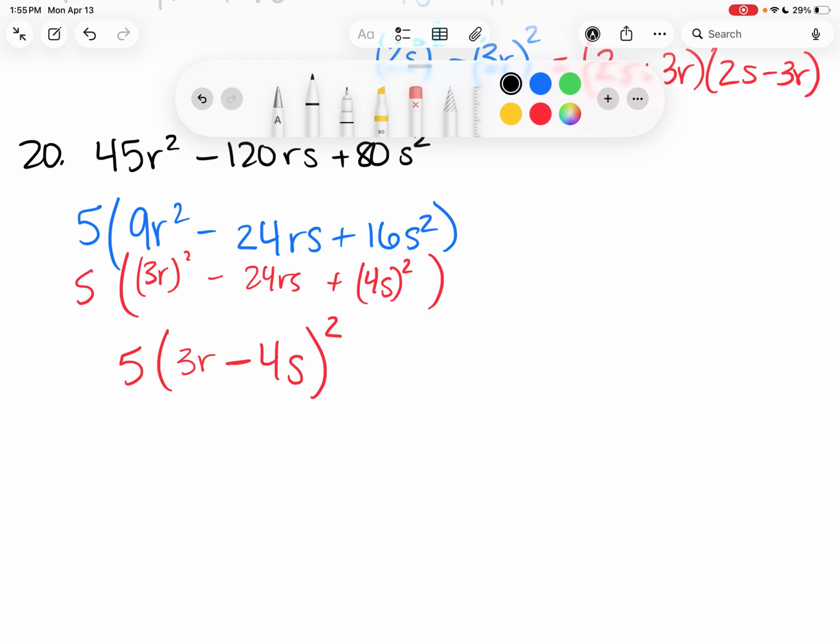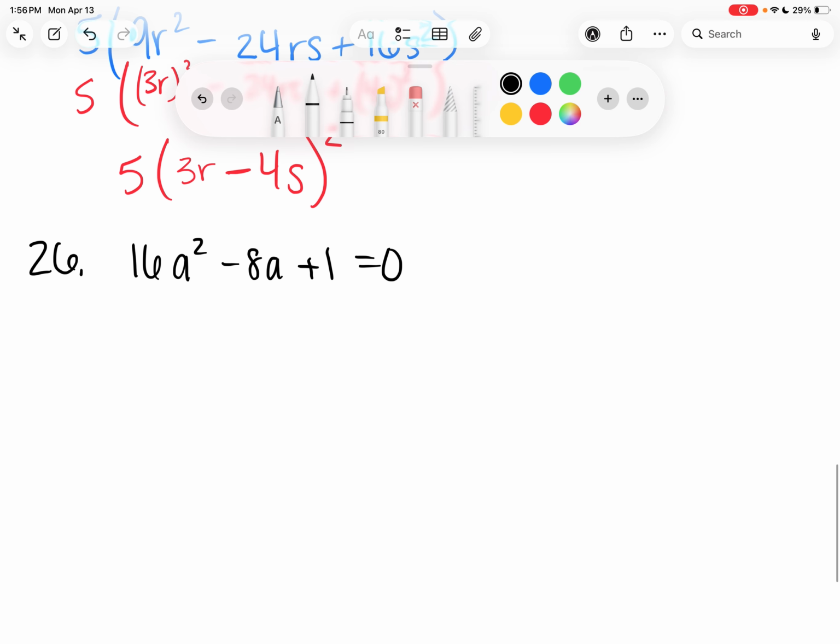Alright, solve the equation. That means that it's now equal to 0. So what does that mean? Solve it. 16a squared minus 8a plus 1 equals 0. What's the left side? Is it 4a all squared?